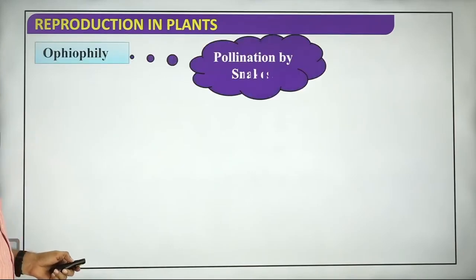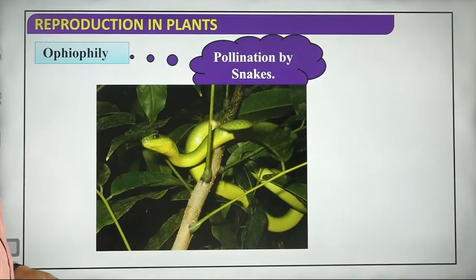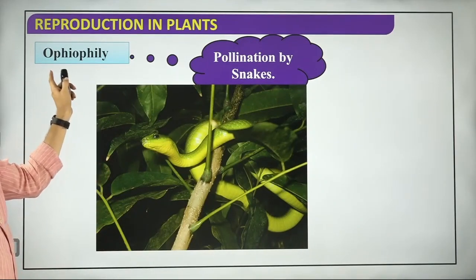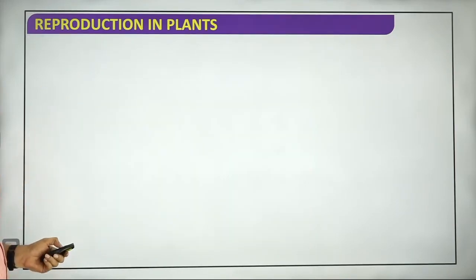Pollination by snakes, ophiophily. Snakes belong to one separate class, Ophidia; ophio means snakes, so pollination by snakes is ophiophily.